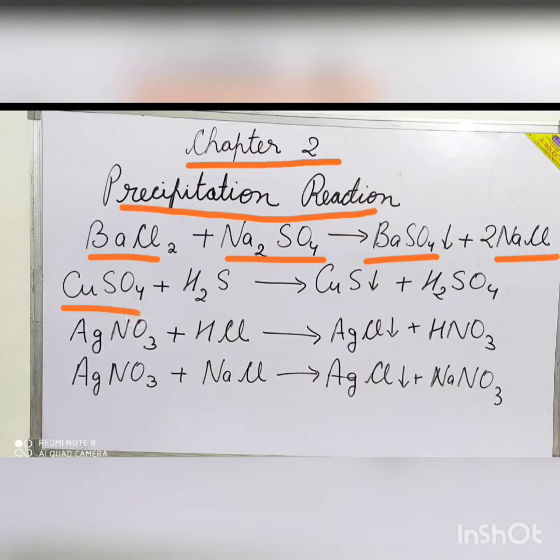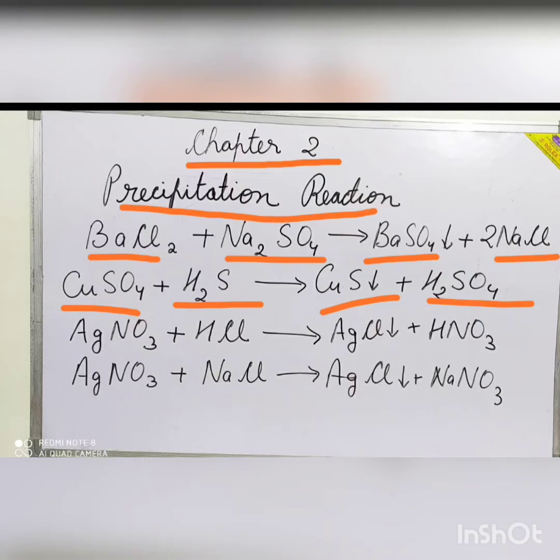Aqueous copper sulfate reacts with hydrogen sulfide gas to form copper sulfide, which is a black precipitate, and aqueous sulfuric acid. Precipitation is the formation of a solid insoluble product either when two solutions are mixed or when a gas is bubbled into a solution.